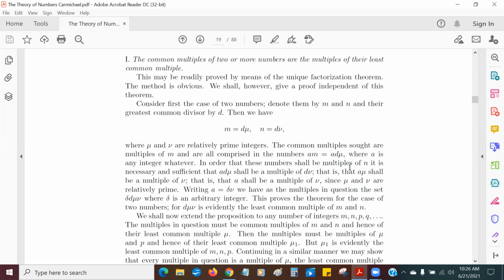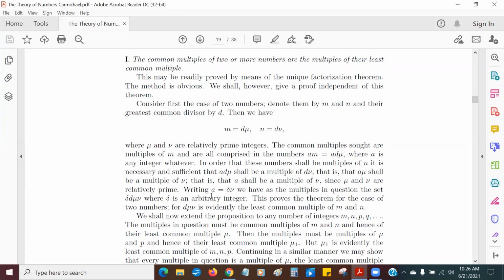Now, in order that these numbers shall be multiples of N, it's necessary and sufficient that a d mu shall also be a multiple of d v. So a mu has to be a multiple of v, which means a has to be a multiple of v, since mu and v are relatively prime.